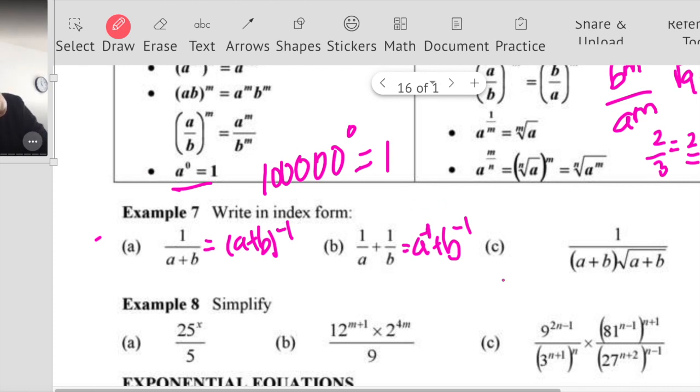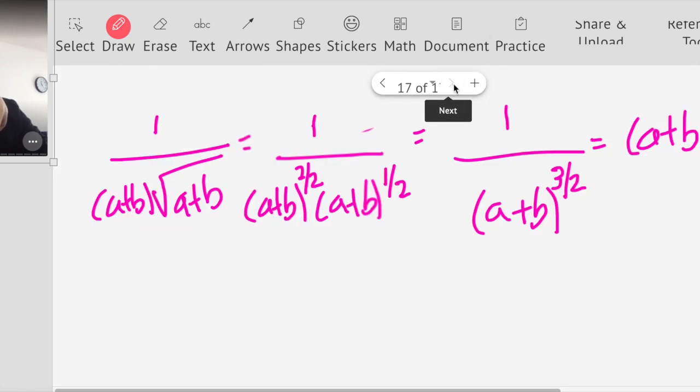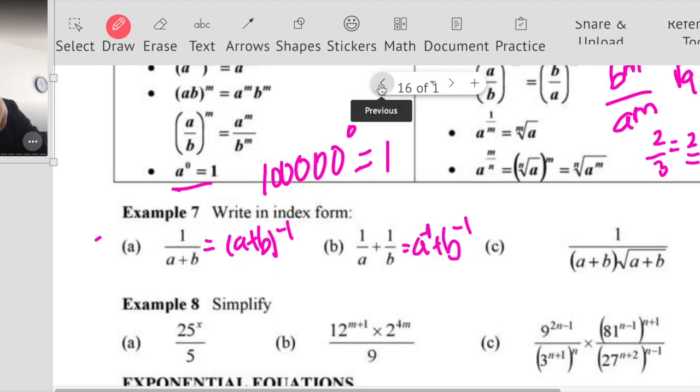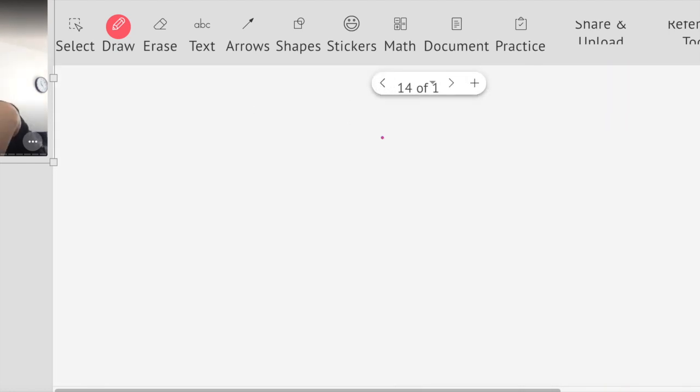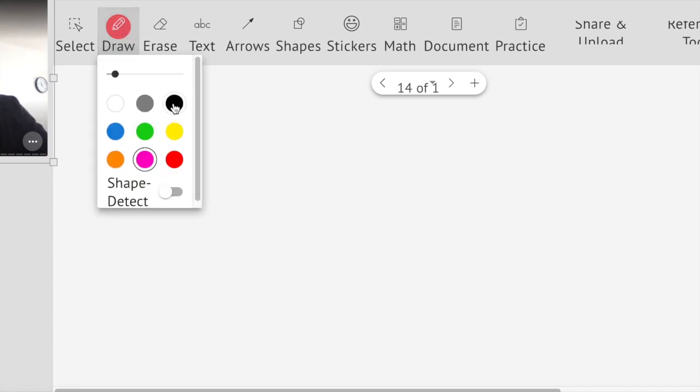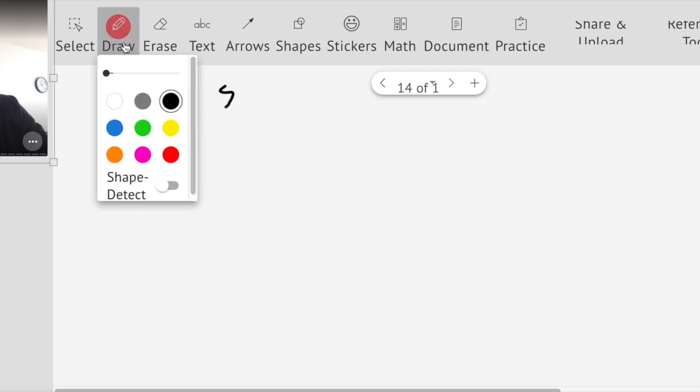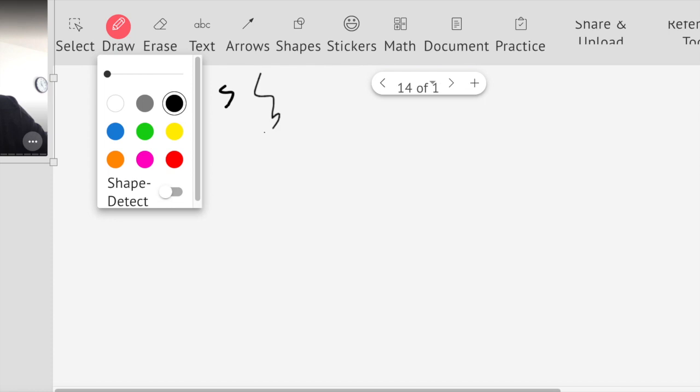Sorry about that. To solve these, I'm gonna use my paper. I'm gonna open a new page. Use a different color, maybe black, and a little thinner. Still too thick. There you go, that's better.